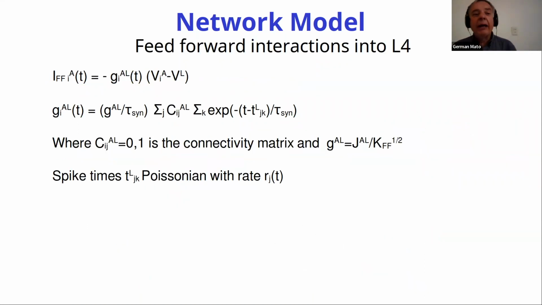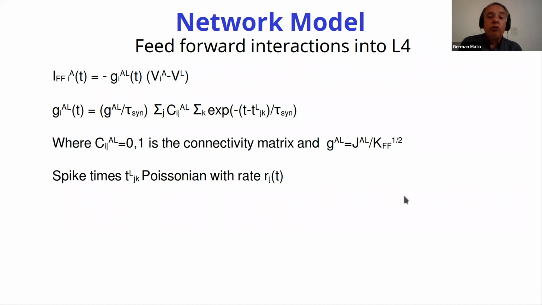Now, how are the interactions? The feed-forward interactions are simply conductance-based synapses with a time constant tau_syn. So each time a presynaptic neuron generates a spike, it induces on the postsynaptic neuron a conductance that is this exponential with time constant tau_syn. C_ij is 0 or 1.